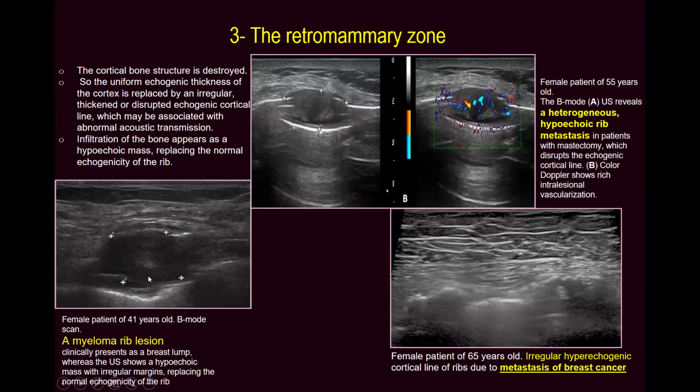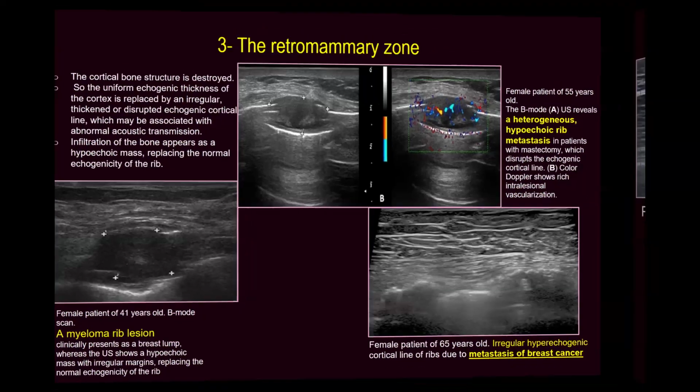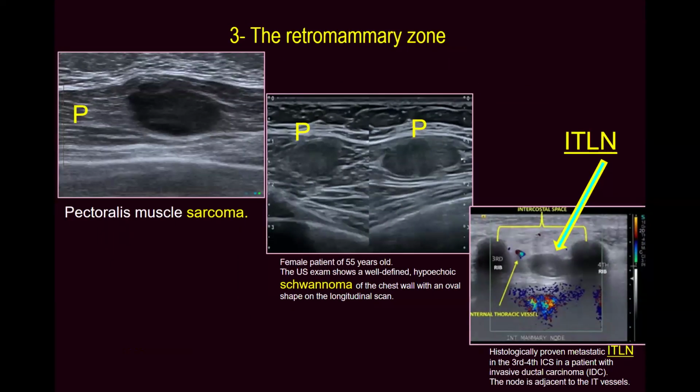This is a similar lesion, but with different pathology, in a case of myeloma rib lesions. If we look at this, we can see the ribs look irregular, hyperechoic, but really irregular due to involvement by metastatic disease.